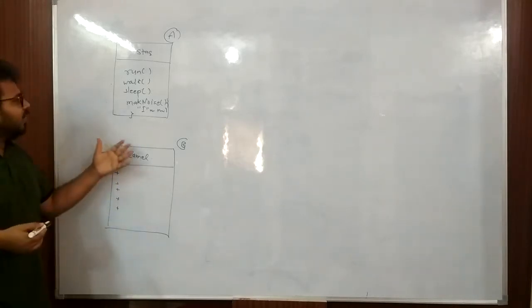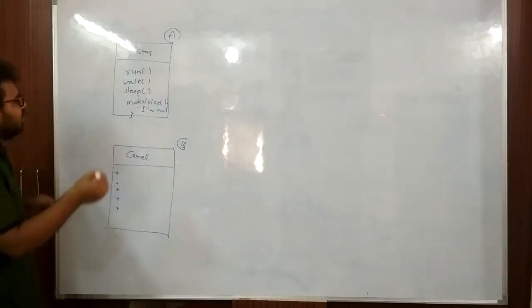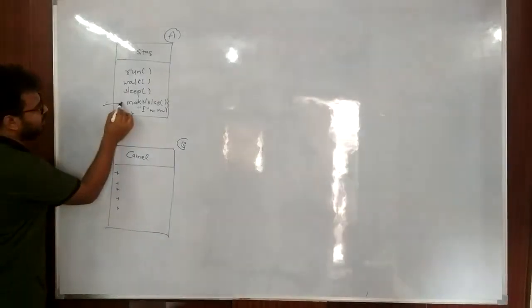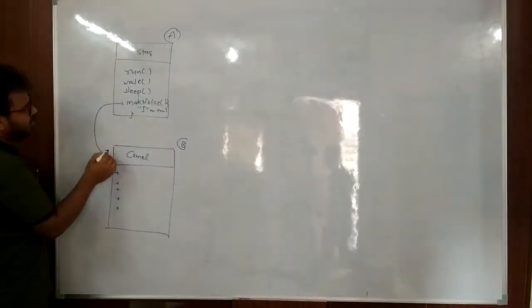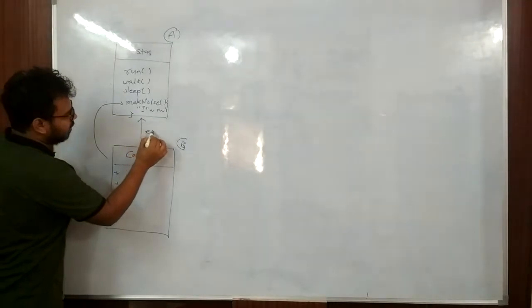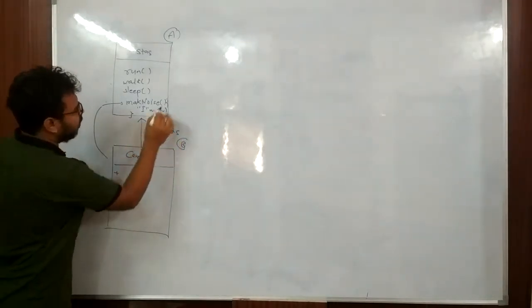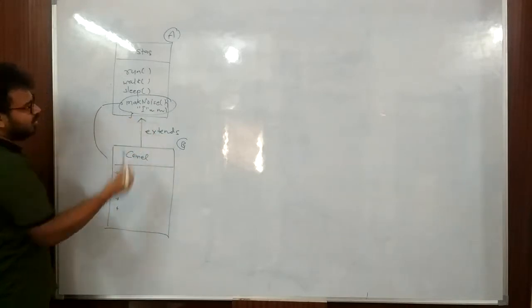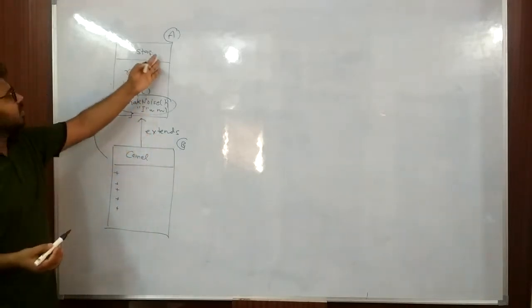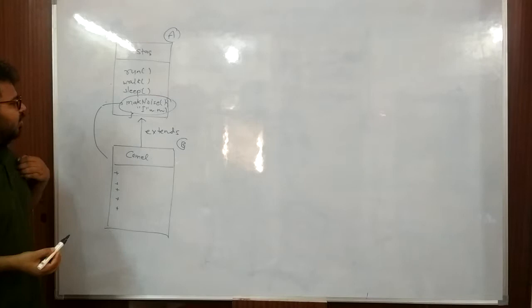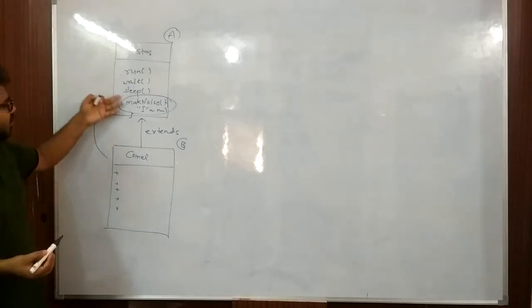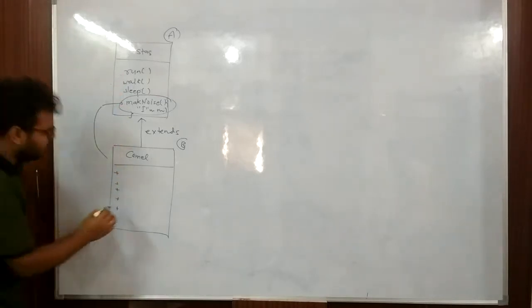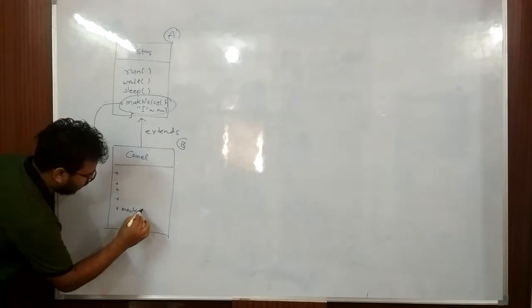What you did was you went there, saw the code and noticed that there is a makeNoise method. So you just used extends to use this makeNoise method. You extend the whole Stag class. Now run, walk, sleep, these methods are available, but also makeNoise is available.